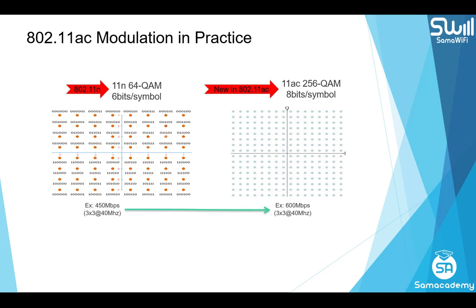The same thing is true in wireless communication. These dots show a 64 QAM constellation, which is basically 64 targets. 11ac takes this to the next level with 256 QAM, or translated to the shooting target, 256 targets.